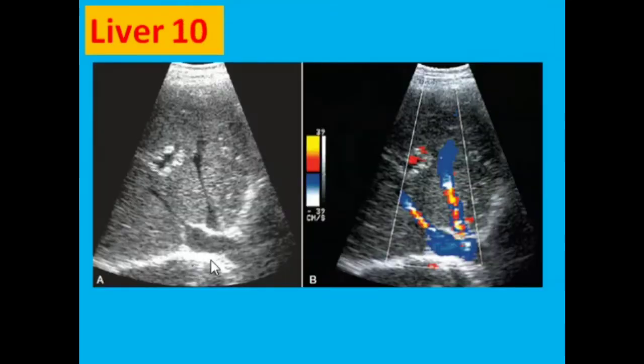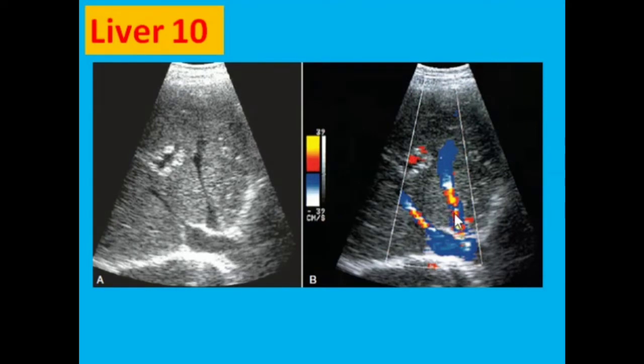These two images belong to a patient with cirrhosis. The grayscale image and the color Doppler image show some vessels. In this grayscale image of the hepatic veins, it is evident that the lumen is tapering, while the color Doppler images show appropriately directed blood flow toward the inferior vena cava.